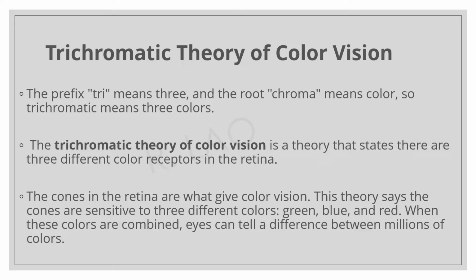When these colors are combined, eyes can tell the difference between millions of colors. So how do we determine different kinds of colors? Of course, we mix colors from primary to secondary to tertiary colors, which will be discussed. That is what is used in the trichromatic theory of color vision.